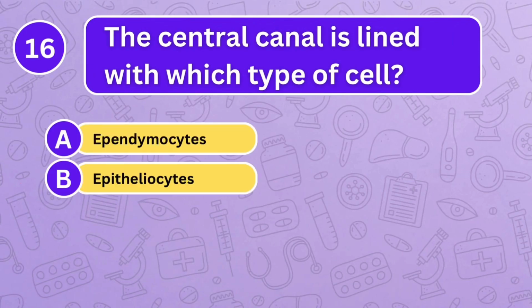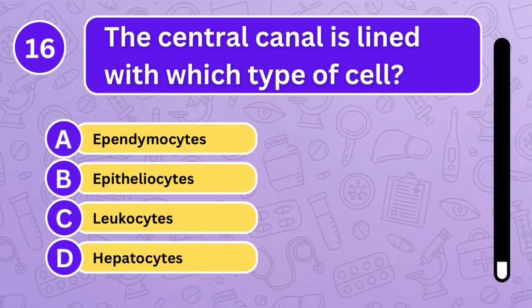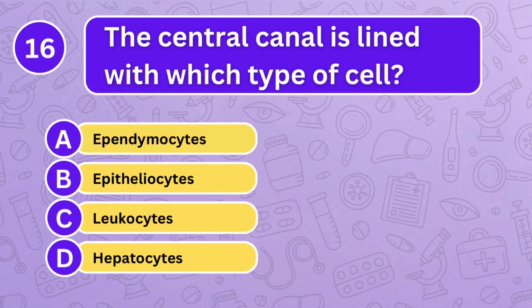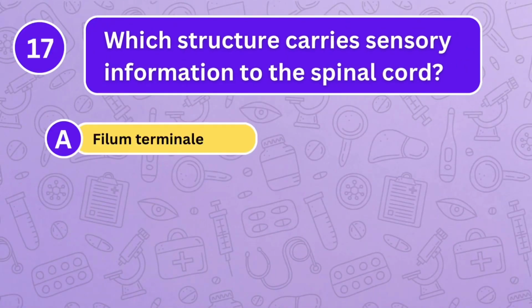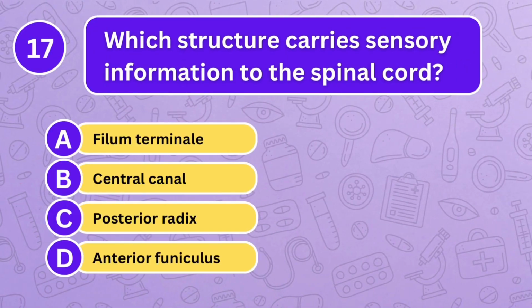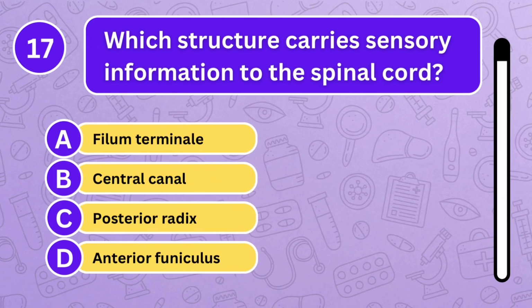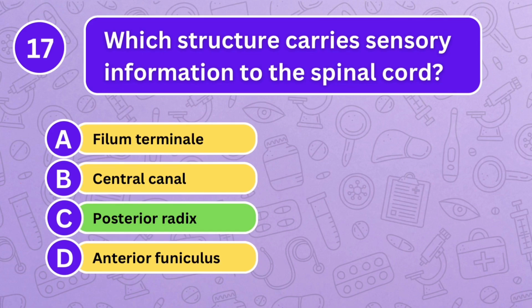The central canal is lined with which type of cell? Ependymocytes. Which structure carries sensory information to the spinal cord? Posterior radix.